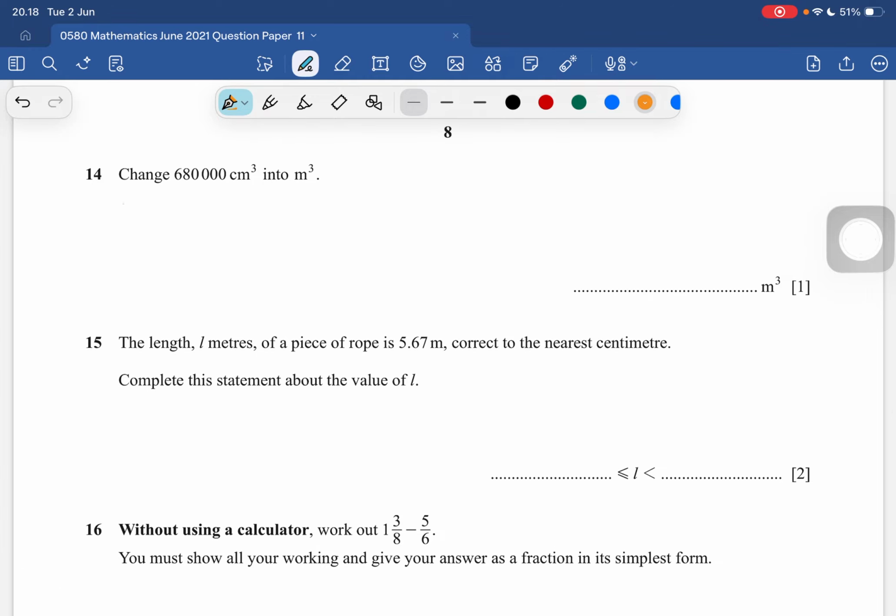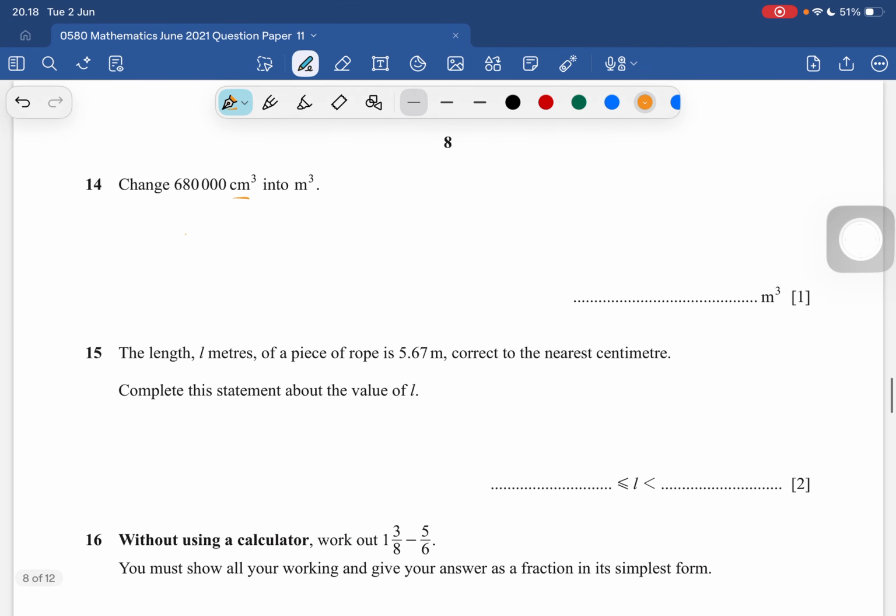Okay, 14. Change 680,000 centimeter cube into meter cube. So for the conversion, remember we have meter cube, then decimeter cube, and last centimeter cube.